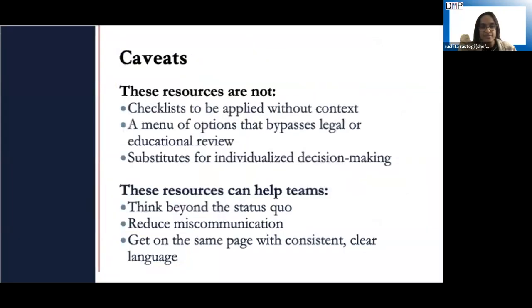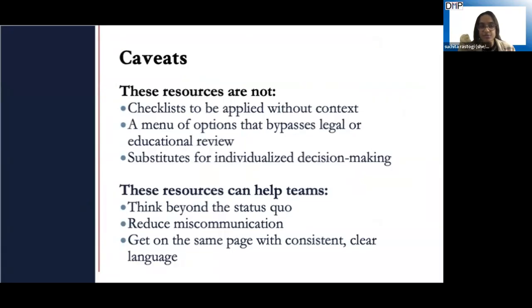Now, as our panel discussion unfolds, I'd like you all to keep a few caveats in mind about the accommodations guide. The guide isn't meant to be a prescriptive checklist or rule book, and the 75 accommodations that came out of the research study aren't meant to be plug-and-play options that could be applied without going through the legally mandated interactive process.